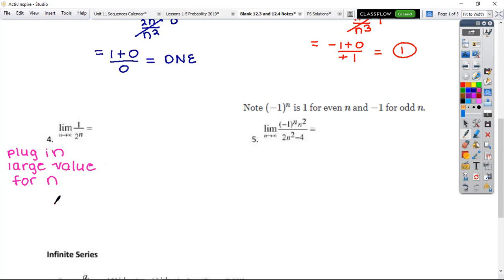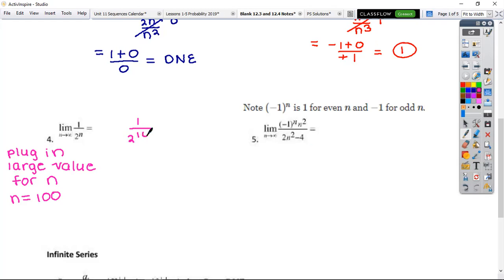I'm going to use 100. Again, it doesn't matter. It's just to help you put some numbers in here to get a basis for what's happening. So this is basically 1 divided by 2 raised to the 100.